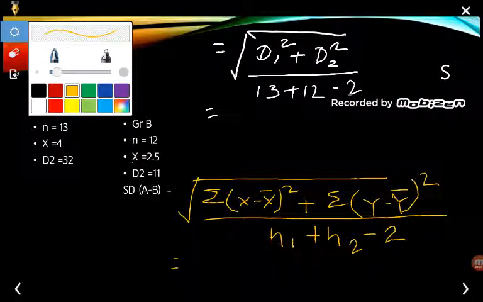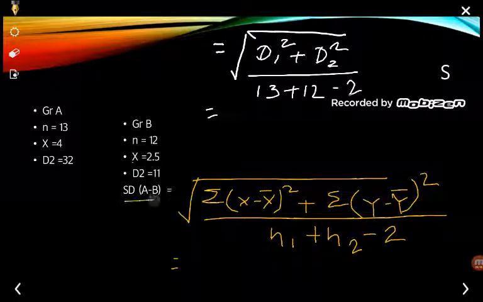In order to calculate the unpaired t-test, first we have to find the standard deviation of A and B. Later on we have to find the standard error, and then put it inside the formula of the unpaired t-test.